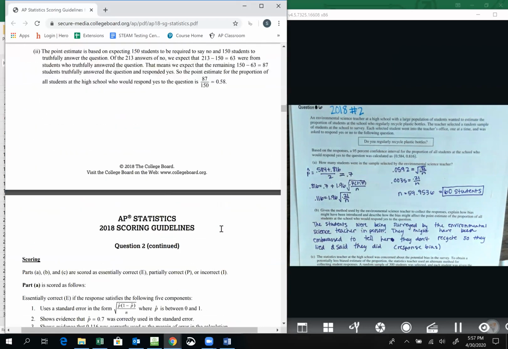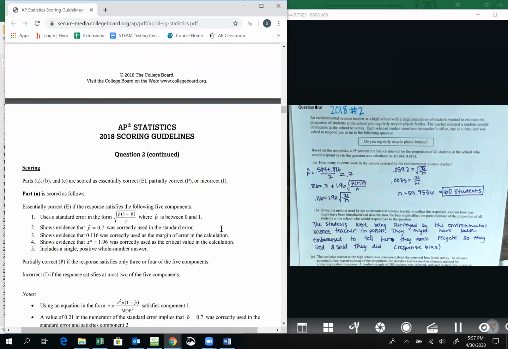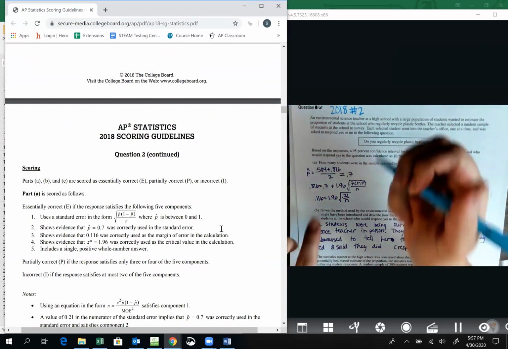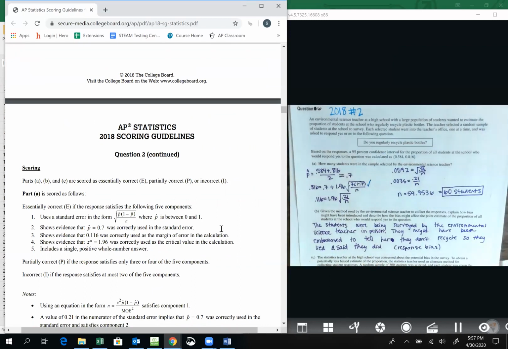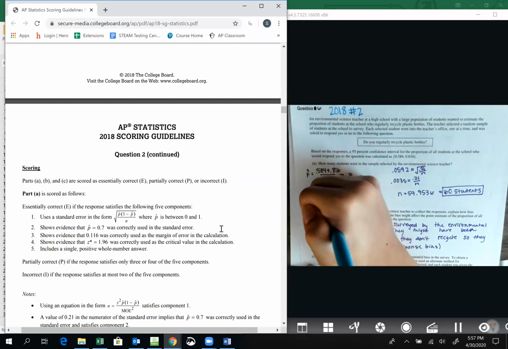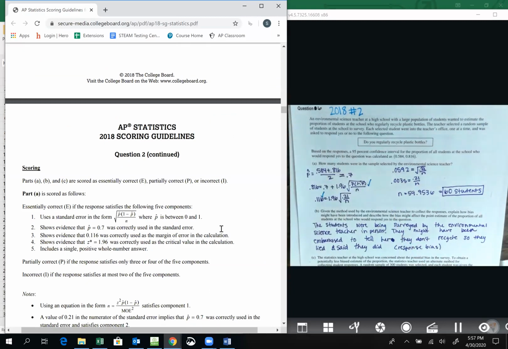Let's look at the scoring. Essentially correct if they use the standard error in this format with a p-hat between 0 and 1. So I did use that format with a p-hat between 0 and 1. Shows evidence that 0.116 was calculated and used as the margin of error in the calculation.